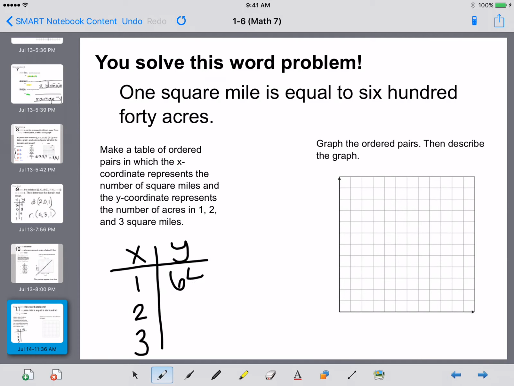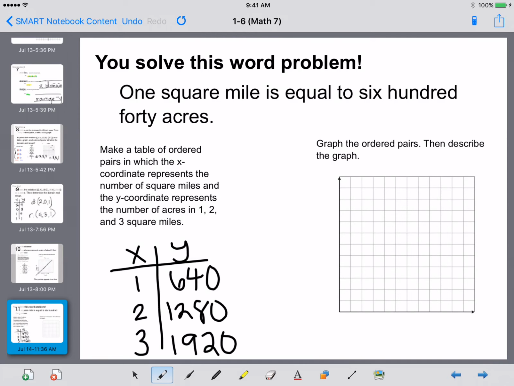So after 1, you're at 640. Then at 2, we're just going to have 640 times 2, which is 1,280. And then 3: we're going to add another 640 on to get us 1,920.